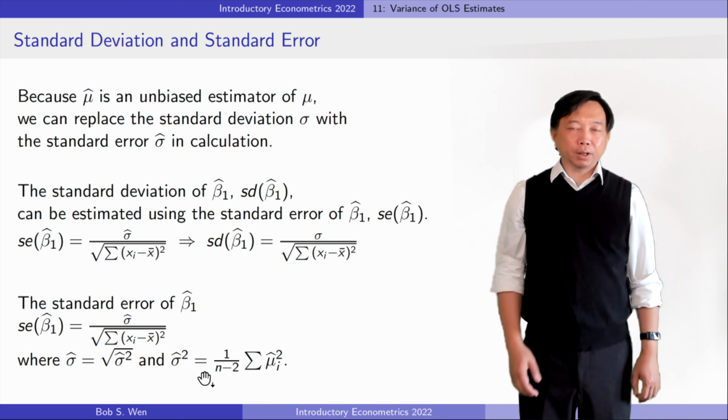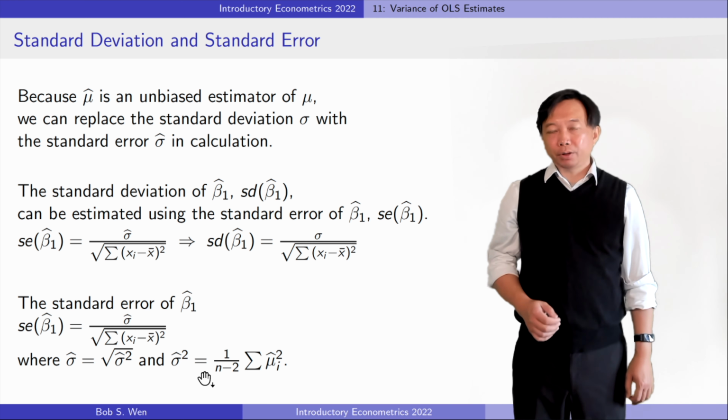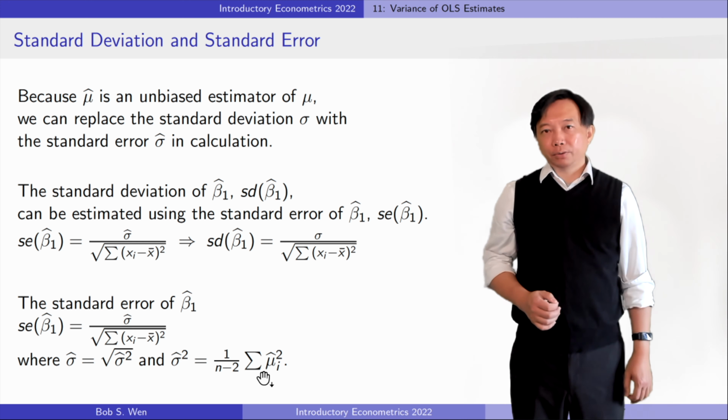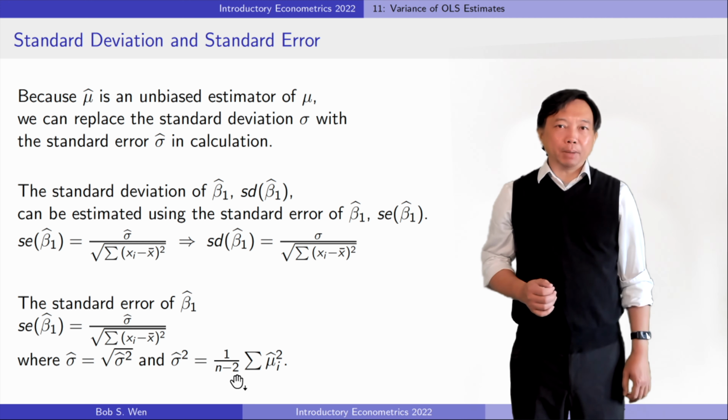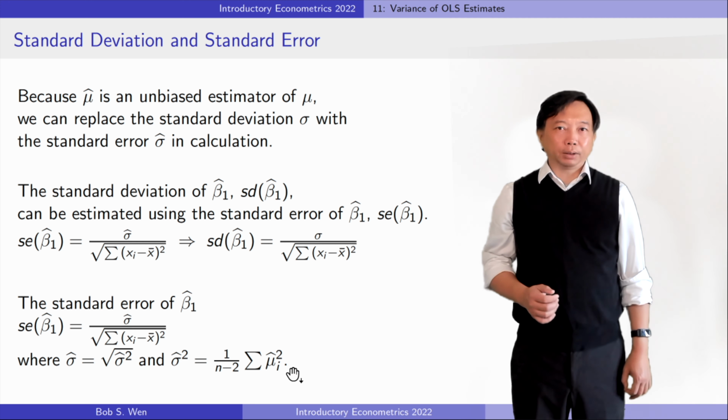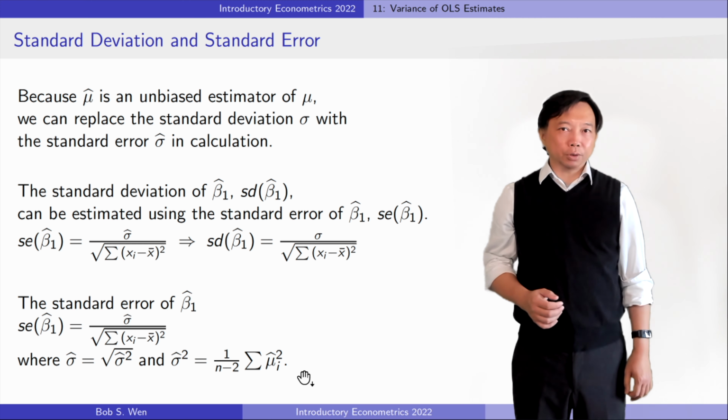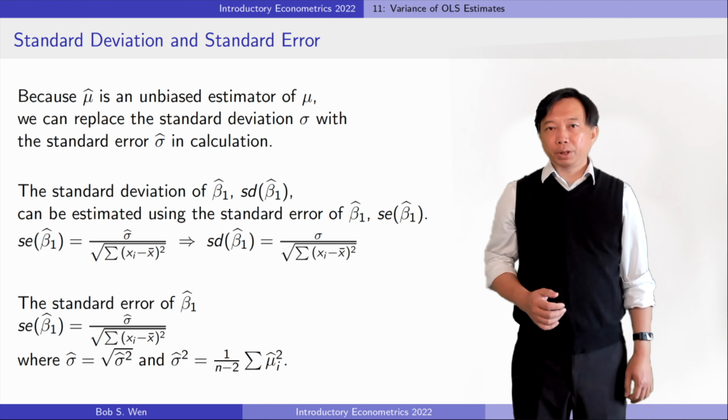Notice that when we compute the estimate for the error variance, that is sigma squared hat, the denominator is n-2 because the degrees of freedom are n-2. We make a degrees of freedom adjustment to obtain an unbiased estimate for the variance of the error term.